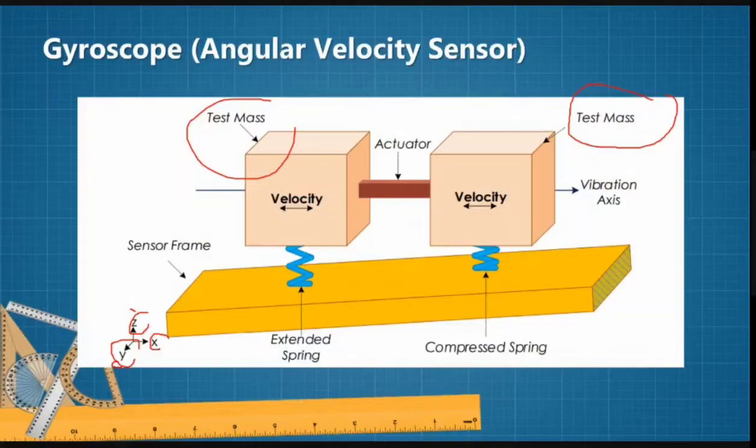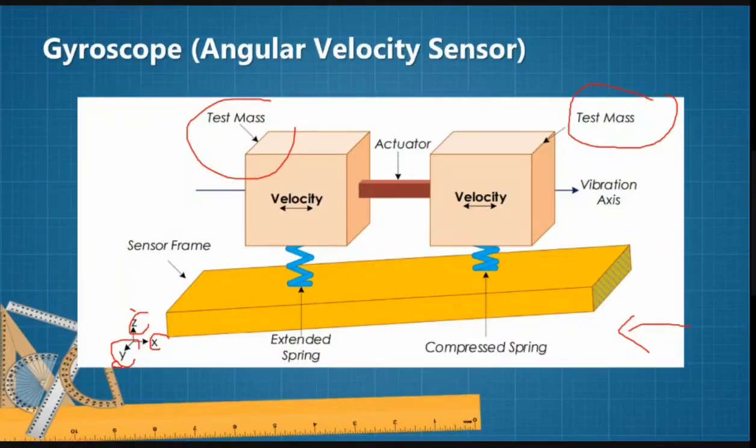If the sensor rotates in a different orientation as in this figure, the vibration axis of the test mass remains momentarily in the same place. As noted, the distance between the package and the test masses has changed.